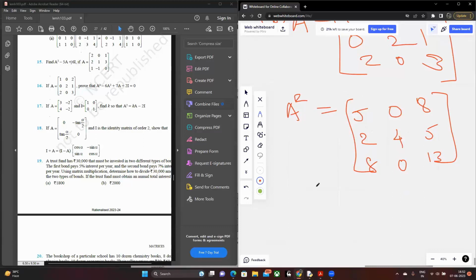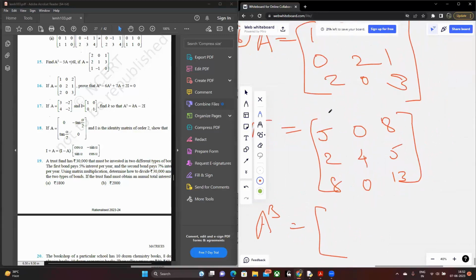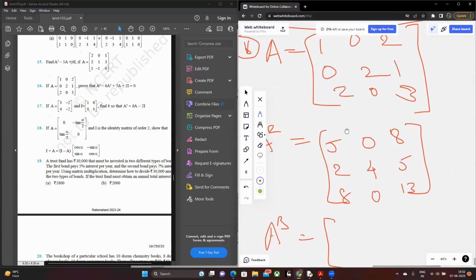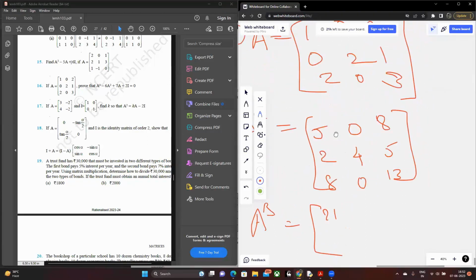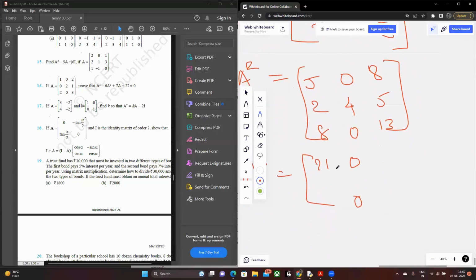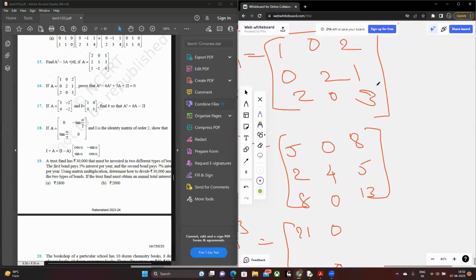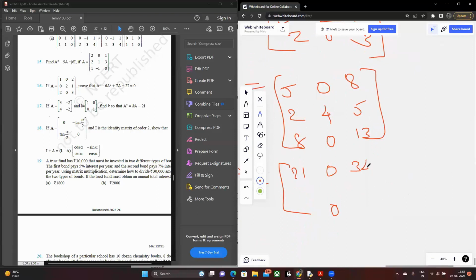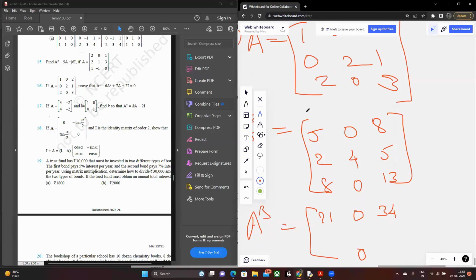Right. A cube, the same way, is going to be this times this. That is 508 into 102, that is going to be 5 plus 16, that's 21. Then it is going to be a 0. Similarly, the last row is going to have a middle 0, and then 5 2s are 10, 8 3s are 24, that's going to be 34. Over here is going to be 245 times 102, that's 2 plus 10 is 12.